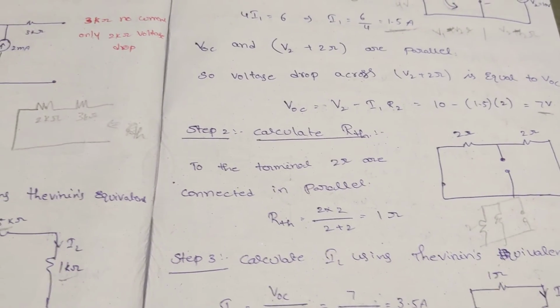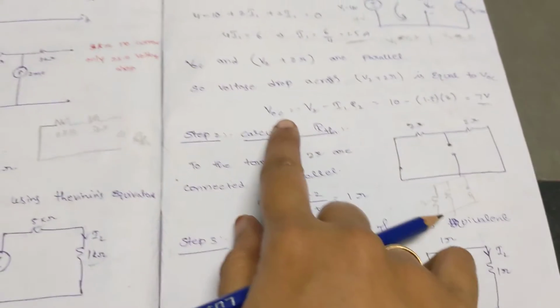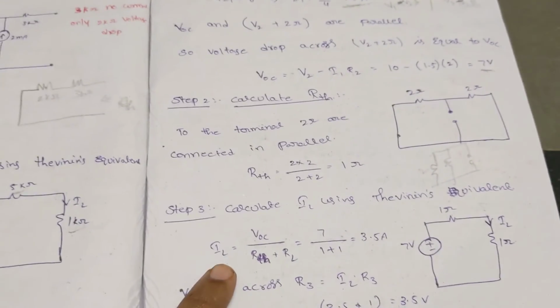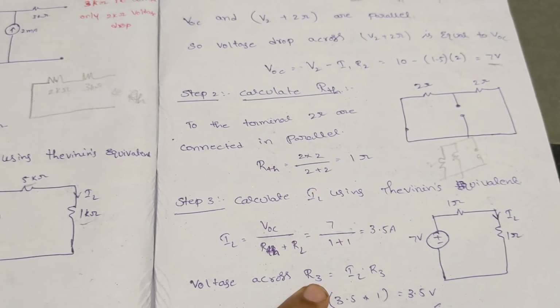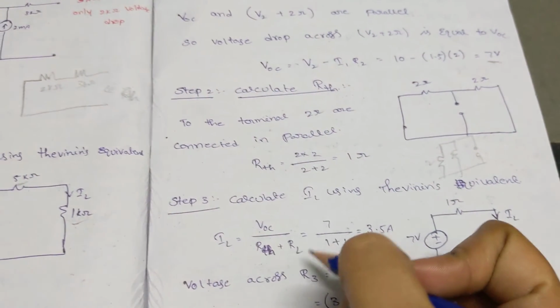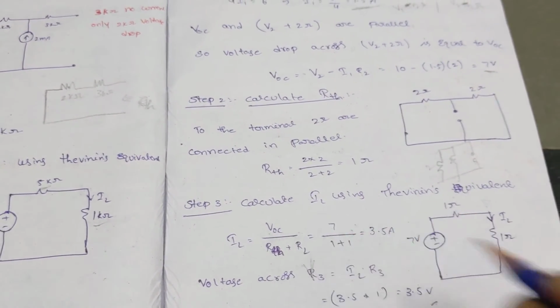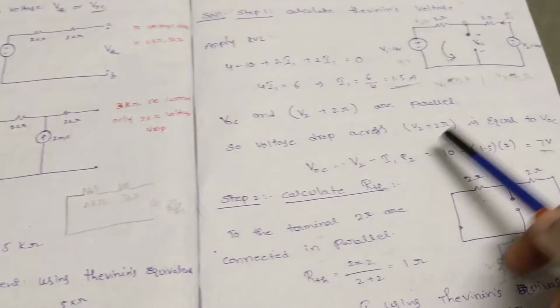The parallel combination of two equal values is half of the value, that is 1 ohm. So I know the VOC value and RTH, then I calculate the current. If I know the current and multiply it with the resistor, I can find out the voltage drop. The same thing is performed here.